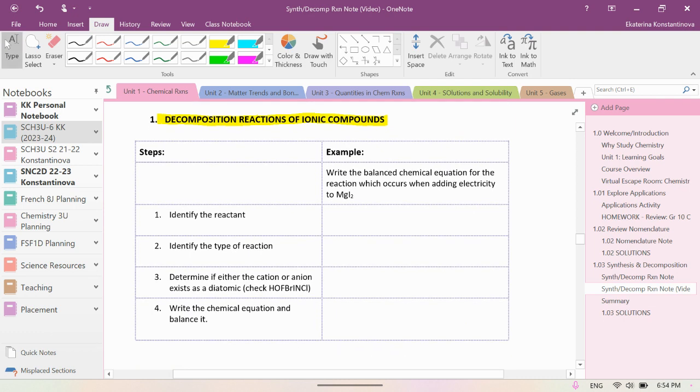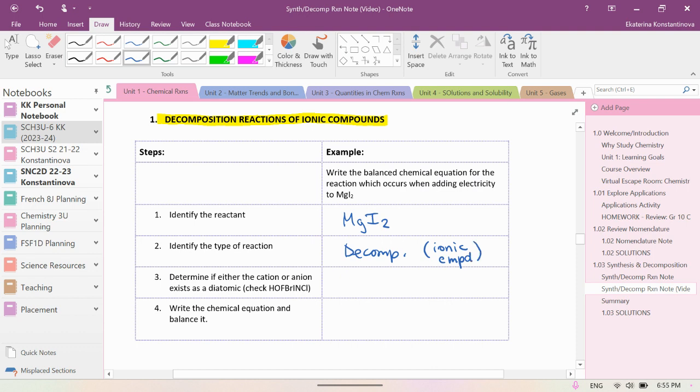So let's try breaking up and decomposing magnesium iodide. First, we're going to identify the reactant. I'm rushing ahead to the products. We have magnesium iodide. That is our reactant. What is the type of reaction? It is decomposition, and it is a simple ionic compound.